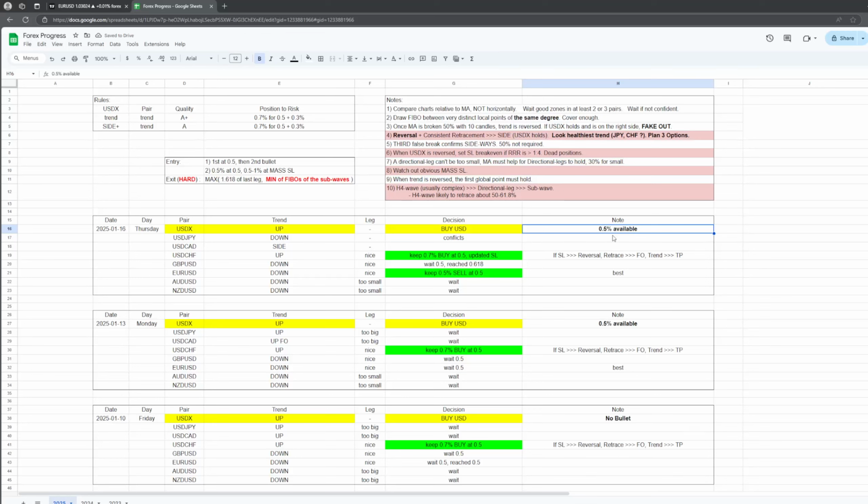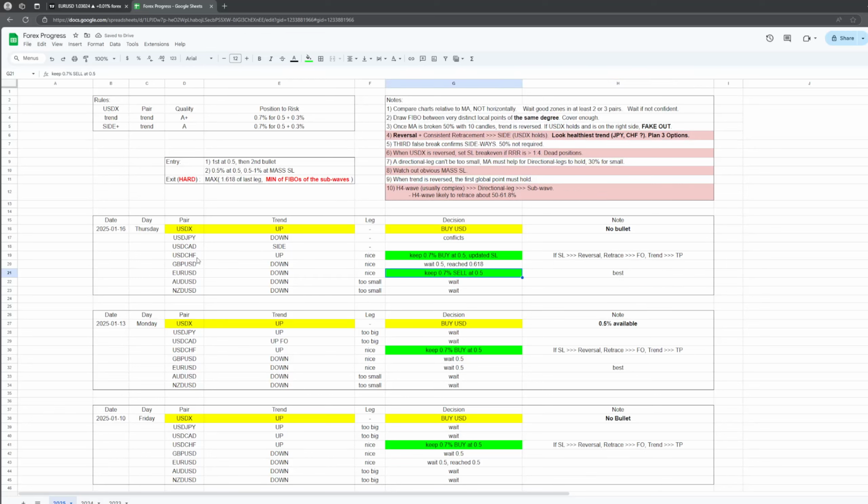Now we entered all our available bullet on the buying side of the USD, so we don't have any more position to risk. So at any point, my risk management is that if everything goes against me, I would be losing 1% of my account.